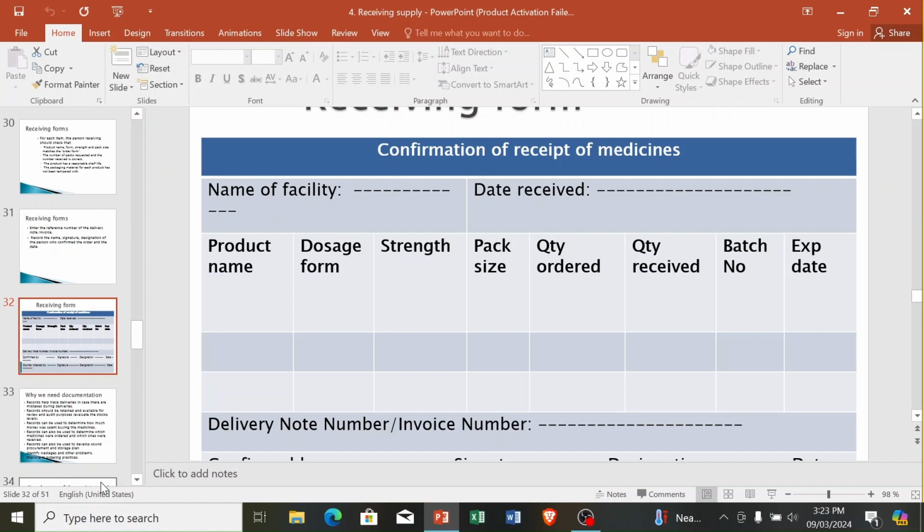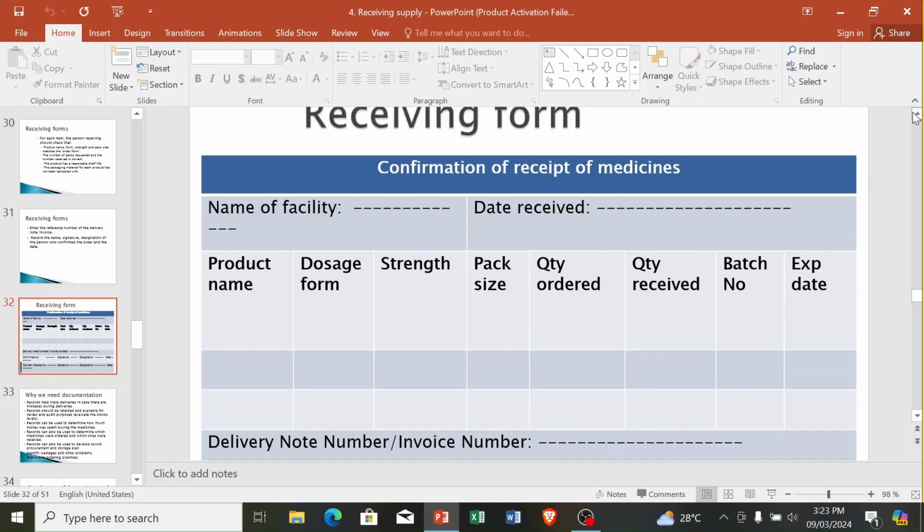Then we have, this is a sample of how a receiving form may look like. Confirmation of receipts of medicine, name of the facility, and then the date received. You give the product name, the dosage form, the strength, the pack size, the quantity ordered, quantity received, batch number, and then expiry date.